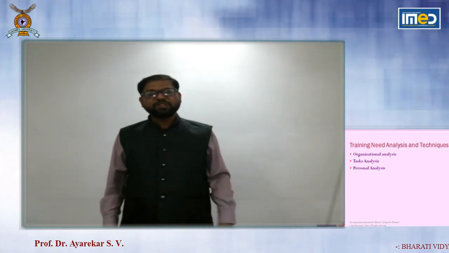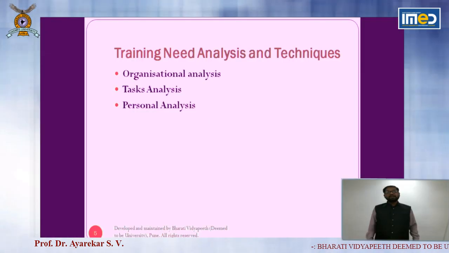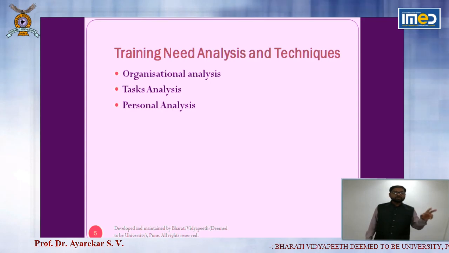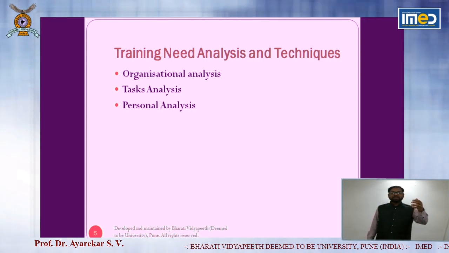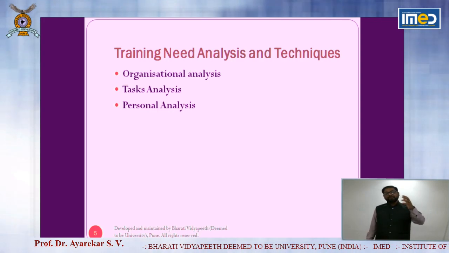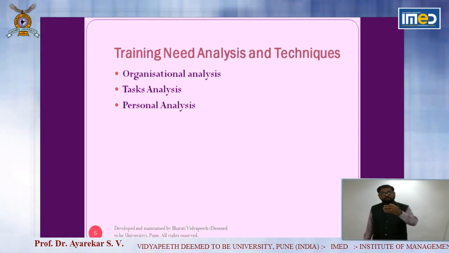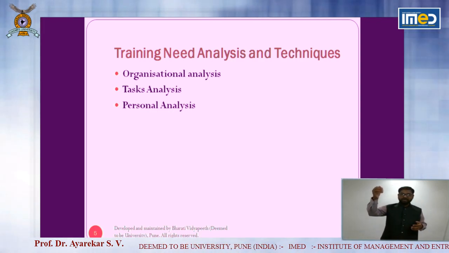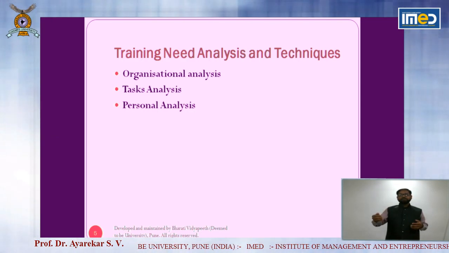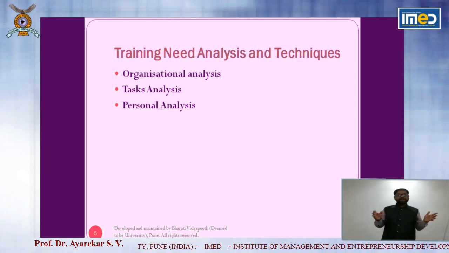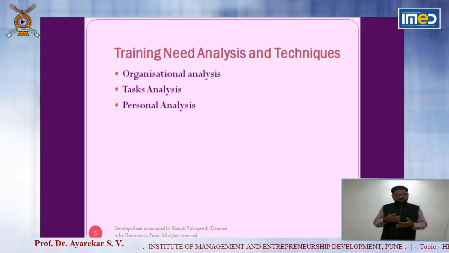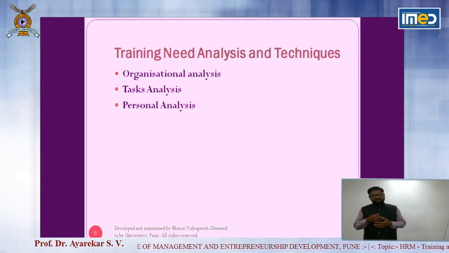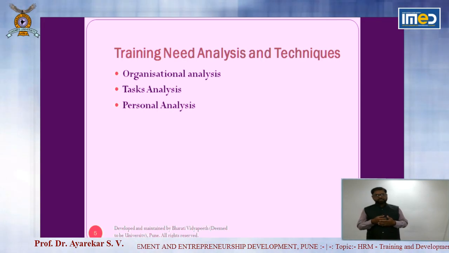All this information we are going to club together and analyze. Definitely we will get two important outcomes. One, we are going to get the needs, which are nothing but training topics, as well as the names of the trainees. So the training need analysis process has three important stages: organizational analysis, task analysis, personal analysis.